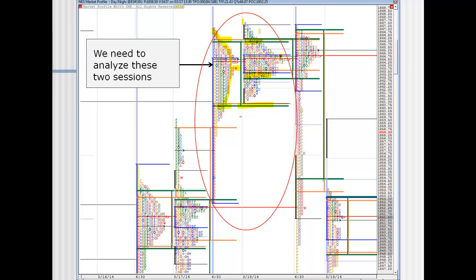So if we completely eliminate this evening session and only look at day sessions, this particular open is up here, and the close was here, and we did gap up about a point, or about five ticks. So there was a slight uptick to the upside, or gap to the upside. Now, on the surface, that looks and seems to be a rather bullish open.